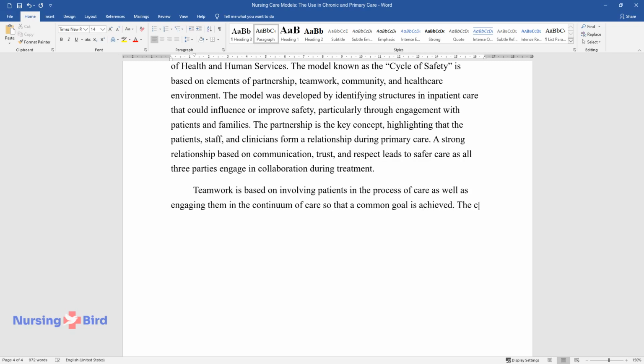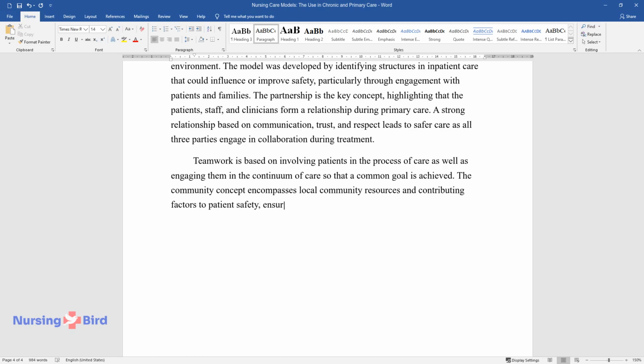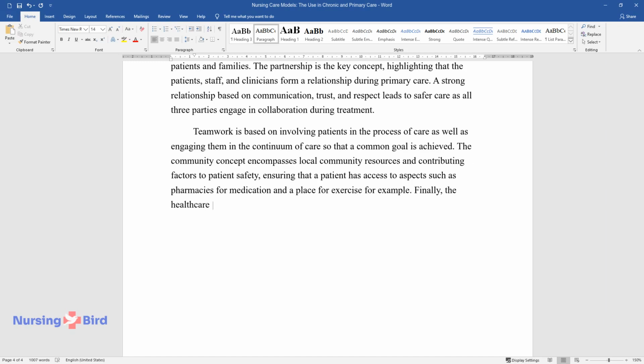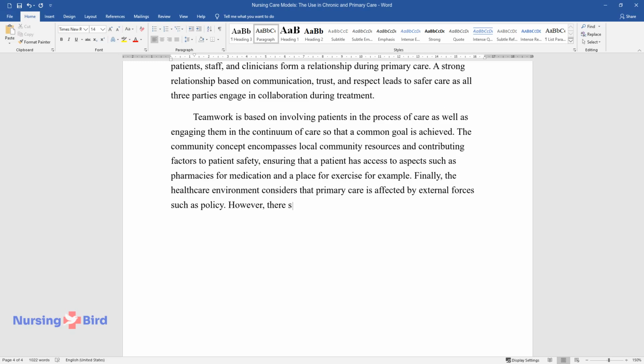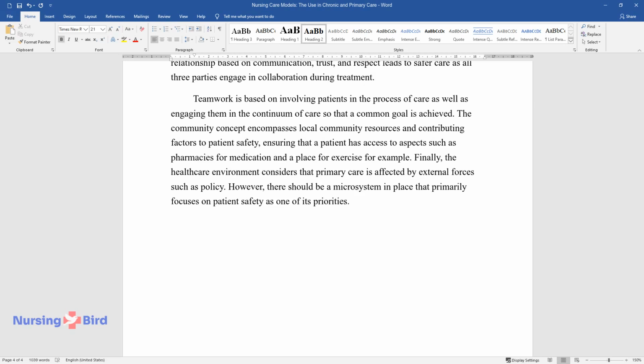The community concept encompasses local community resources and contributing factors to patient safety, ensuring that a patient has access to aspects such as pharmacies for medication and a place for exercise, for example. Finally, the healthcare environment considers that primary care is affected by external forces such as policy. However, there should be a microsystem in place that primarily focuses on patient safety as one of its priorities.